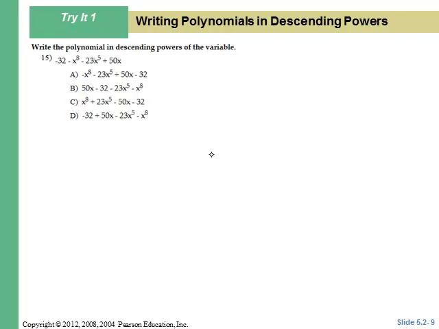You do this one. Negative x to the 8th minus 23x to the 5th plus 50x minus 32. Now that is letter A.